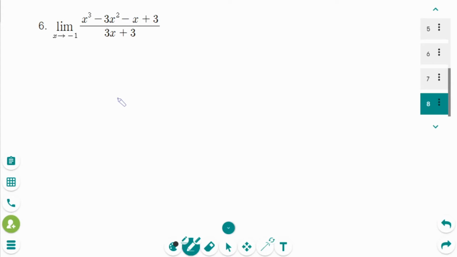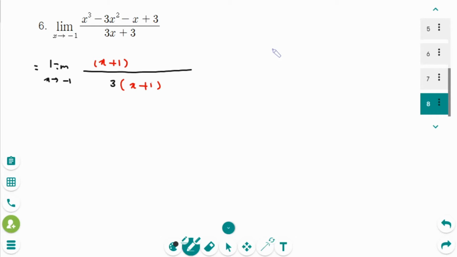The next question is this one. When x approaches minus 1, it makes the 0 over 0 form. Can you see the common factor? This one is 3x plus 1, like this.